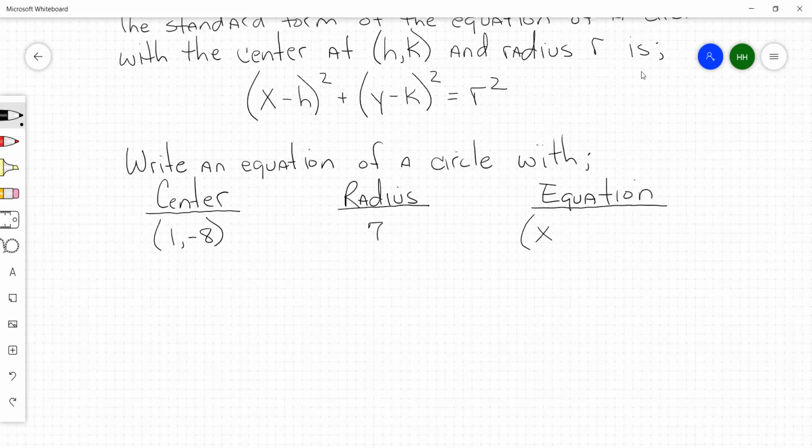So you do (x minus 1) squared plus (y, and then in this set of parentheses with the y goes the opposite of the y value at the center. So plus 8) squared equals, and then over here on the right side of the equal sign goes the radius squared. So 49.